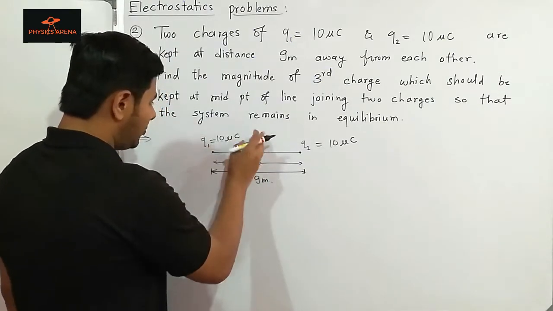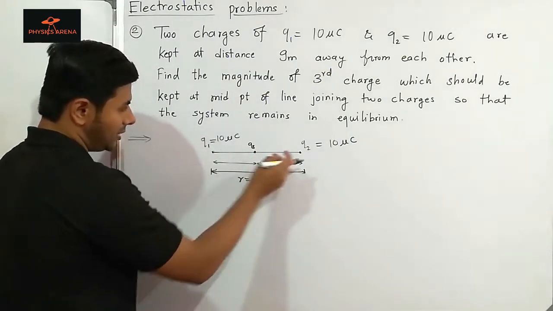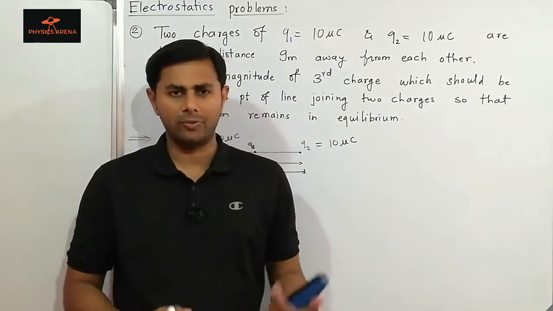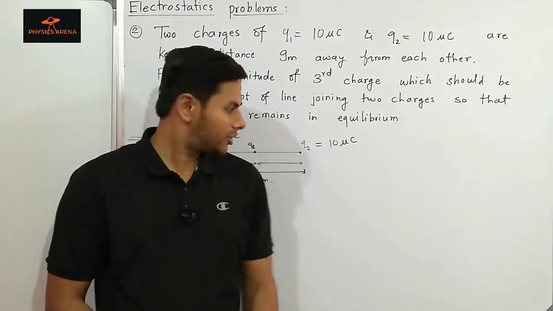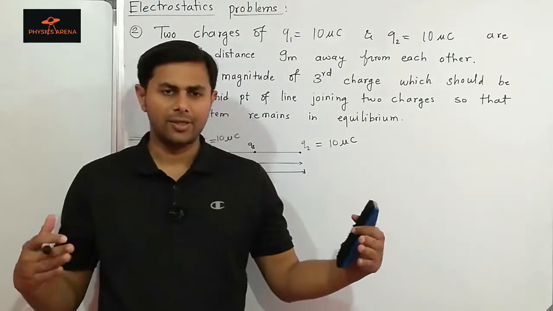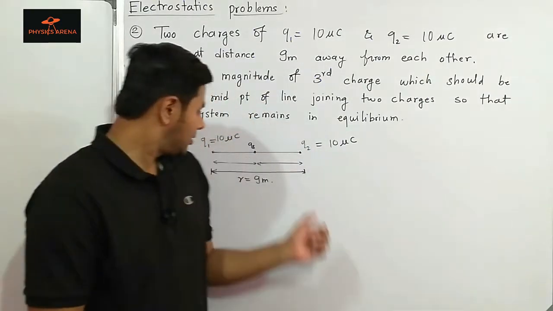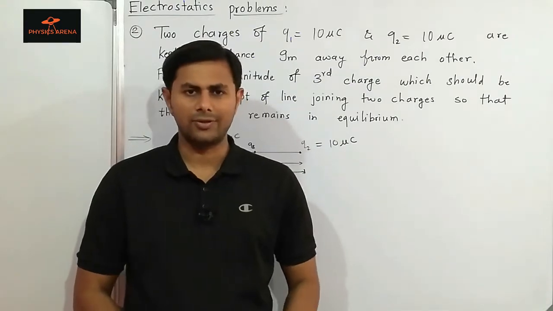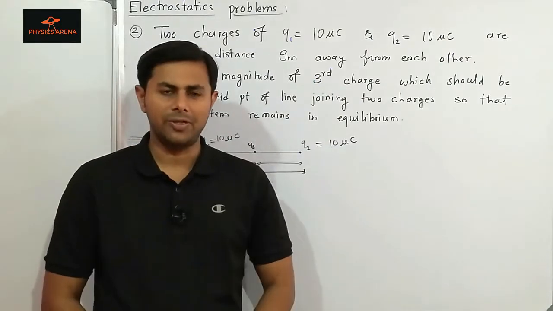If it's negative, this charge and that charge will pull it with the same magnitude, so the net force will be 0. If it's positive, the repulsive forces due to these two charges will also be in opposite directions, so the net force on the charge is 0. So this charge will always be in equilibrium.